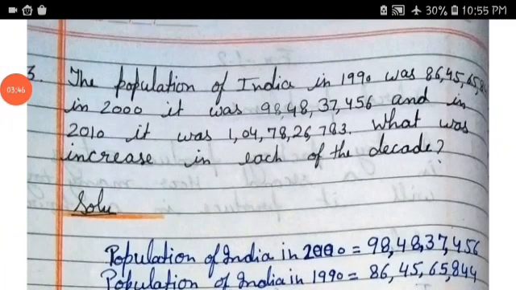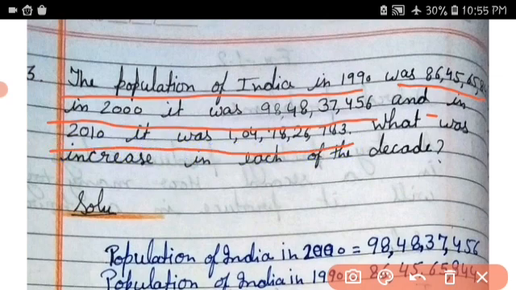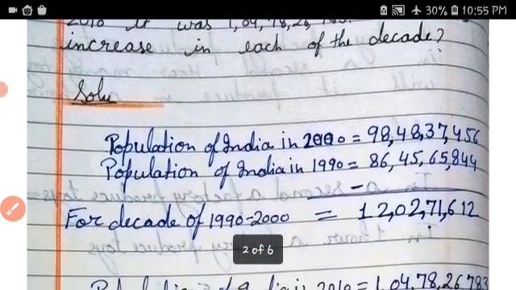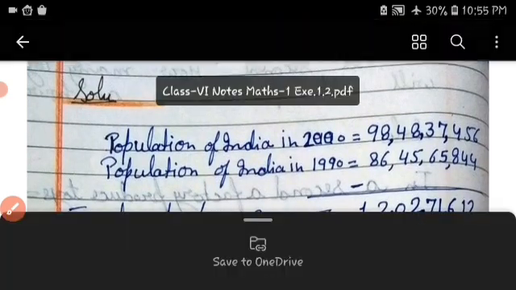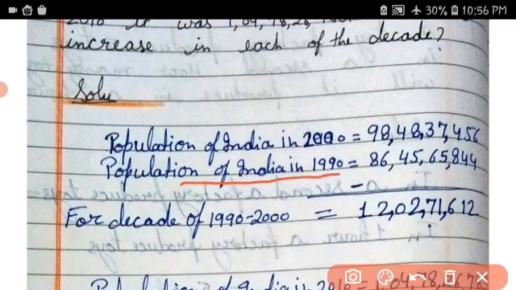Question 3. The population of India in 1990 is like this. In 2000 it was this. What was the increase in each decade? Population of India in 2000 and population of India in 1990. Now subtract here.